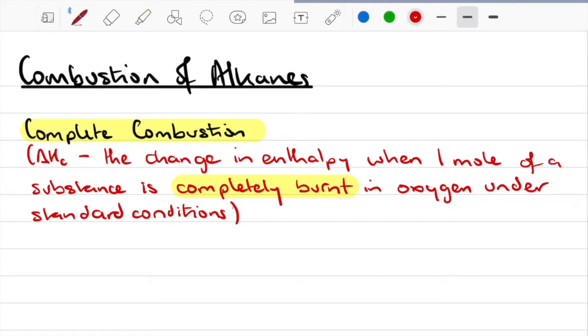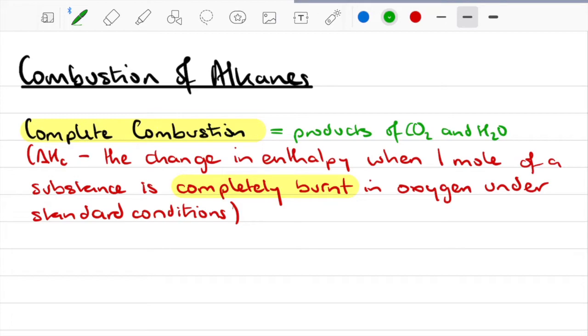When we have the complete combustion of an alkane, we are looking at products of carbon dioxide and water. So if you completely combust any alkane, you will simply get as products carbon dioxide and water.